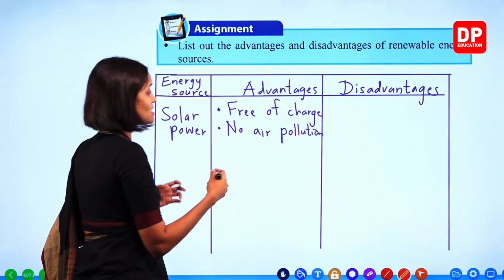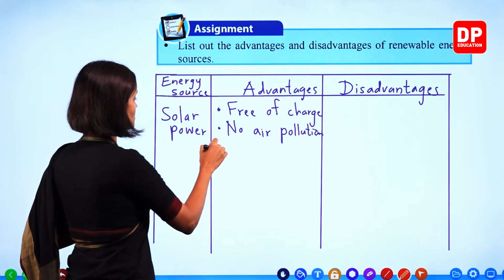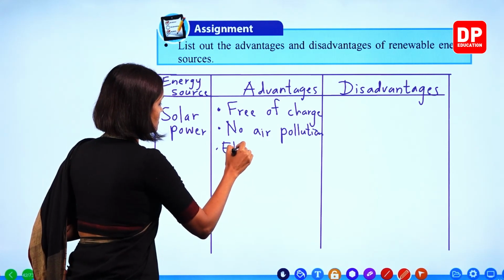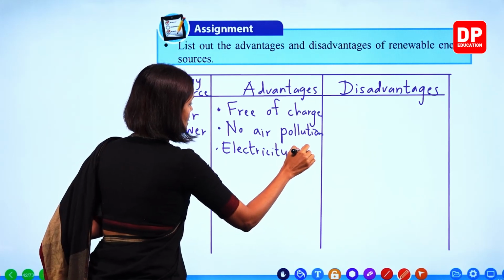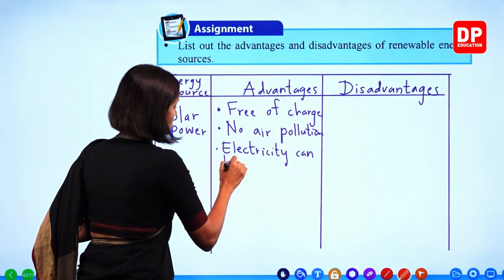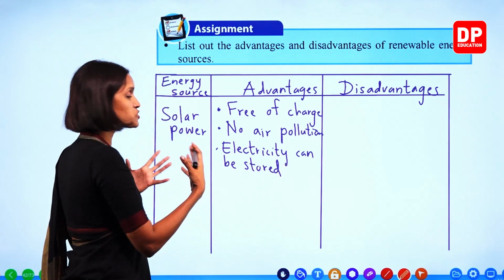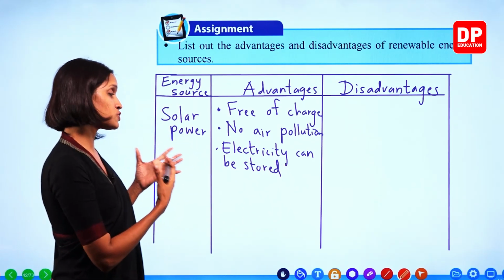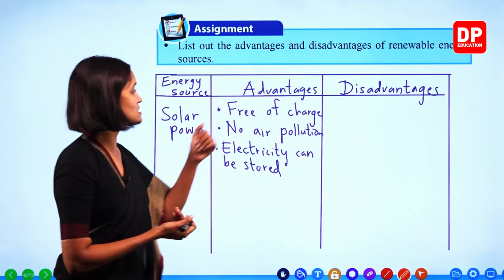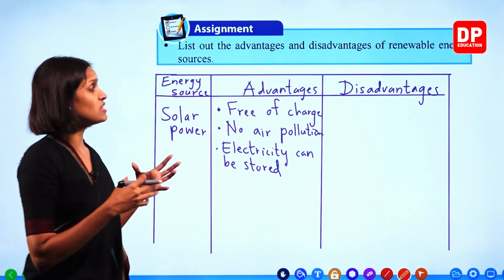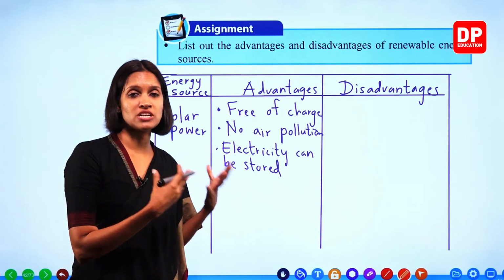The electricity generated by solar panels can be stored. The efficiency of storing is less, but still we can store this electricity. That is an advantage. What are the disadvantages? When the sky is cloudy, we cannot generate electricity efficiently.